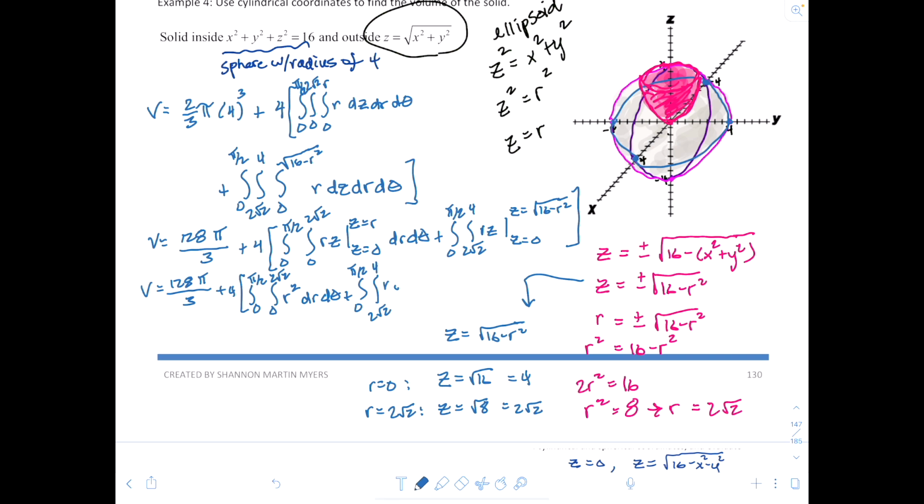So we'll have r times root 16 minus r squared, and that's going to be dr d theta.